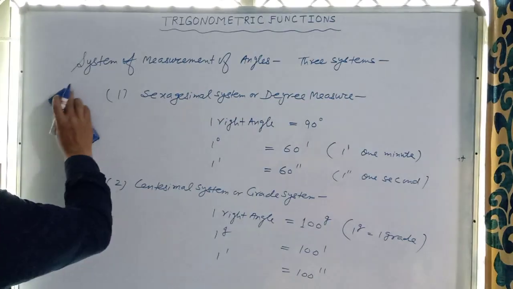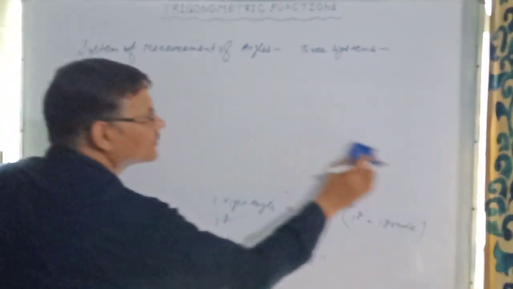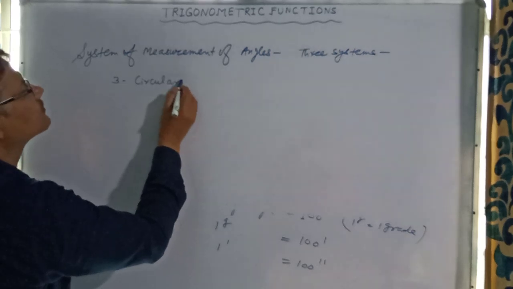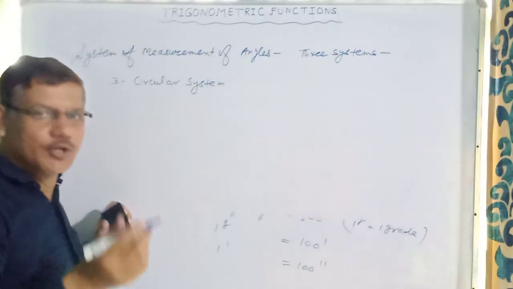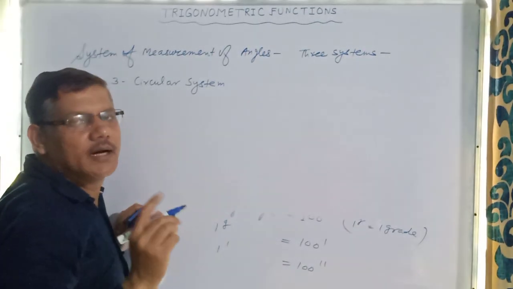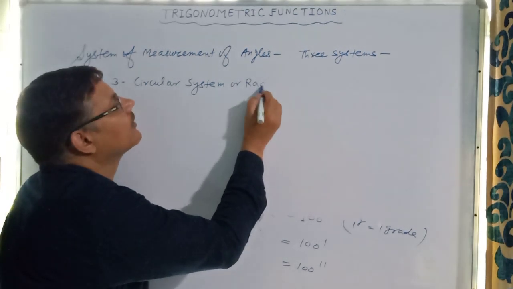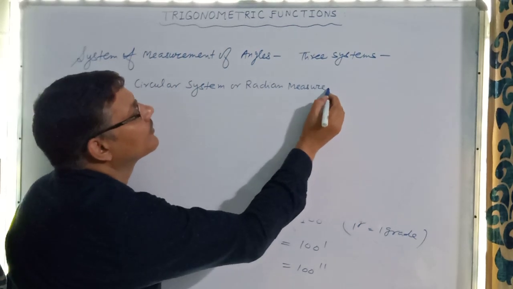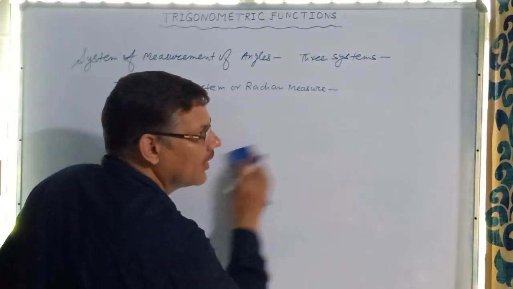Now the third measurement is most important, and that is called the circular system. Here we introduce a new unit and that unit is called radian. So that's why it is called radian measure. First of all, we are supposed to define 1 radian.